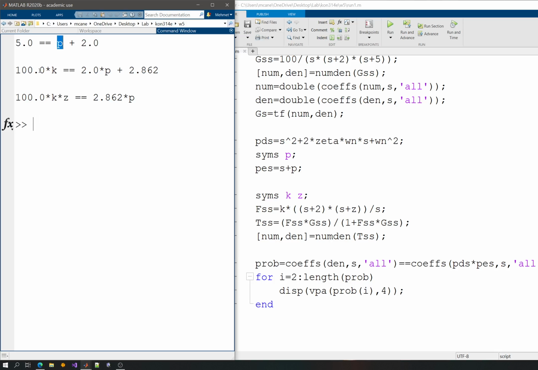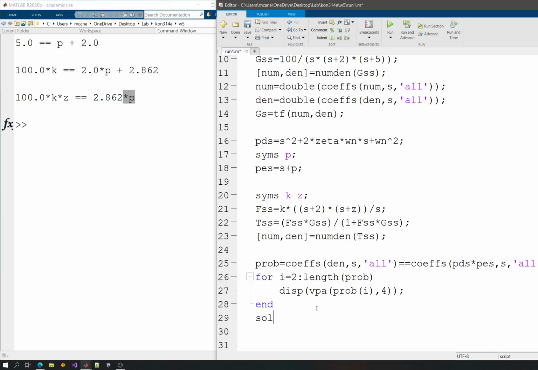Now, p, k, and z are the unknowns here, so it's a 3 by 3 system, so I can solve for p, and obviously that should be 3, and plugging in 3 gives me 6, 6 plus this gives me 8.8, and divided by 100 gives me 0.088, something like that, and then just using that here, 100k is 8.8, times that should be this times 3, and then do the math, and it's possible to calculate that.